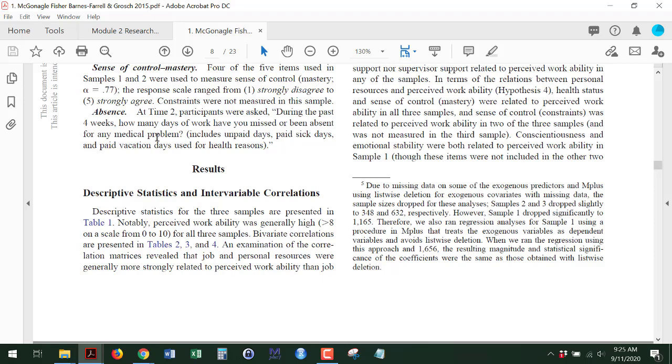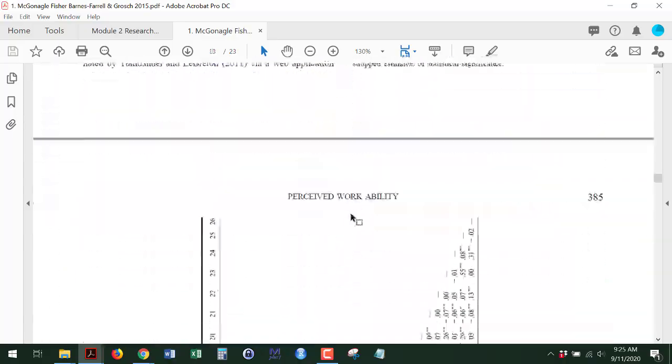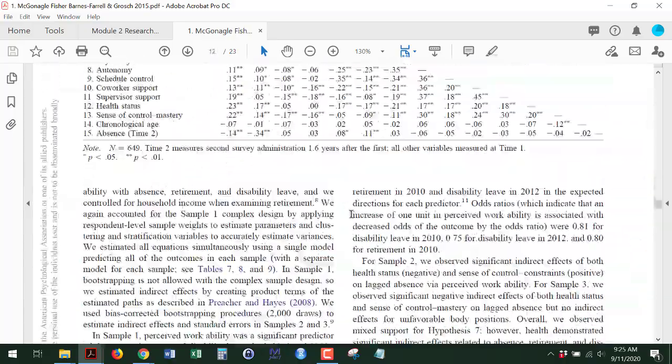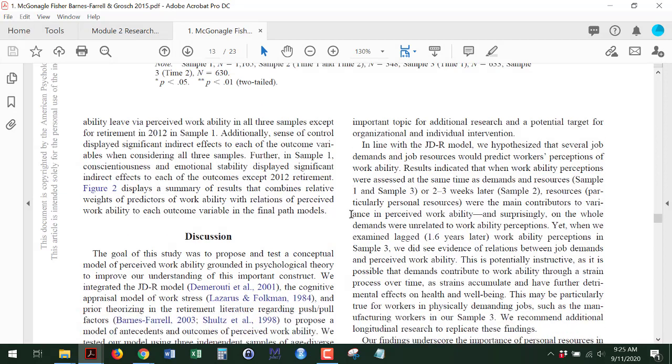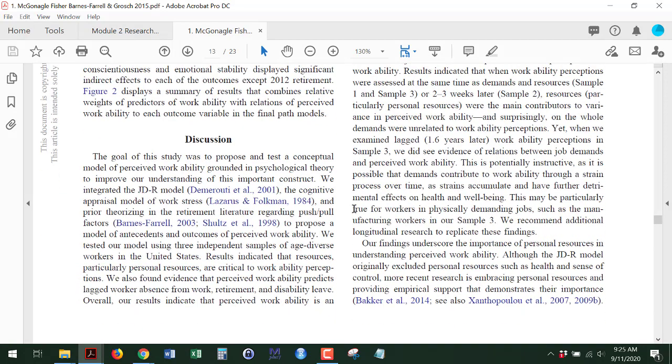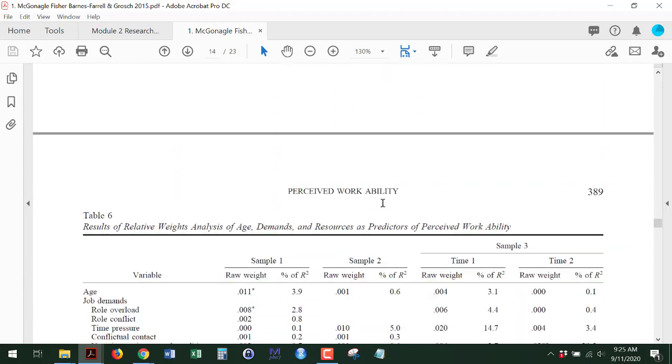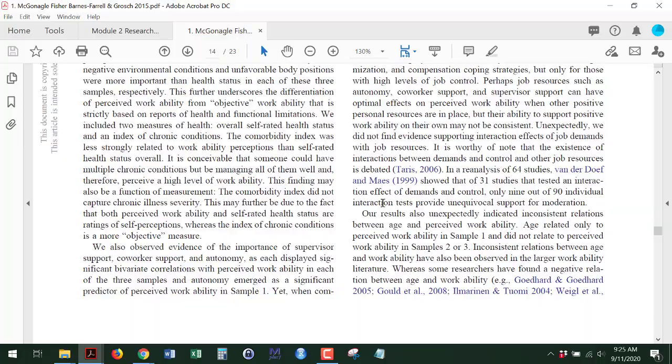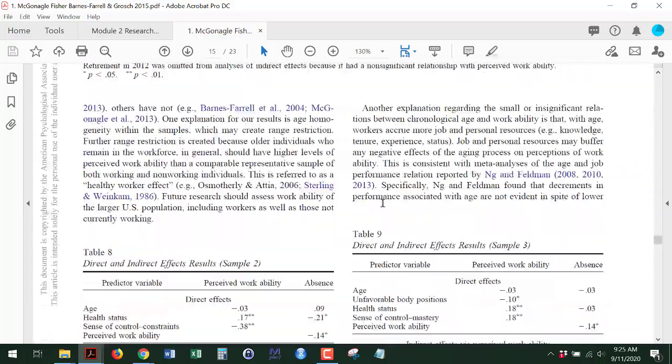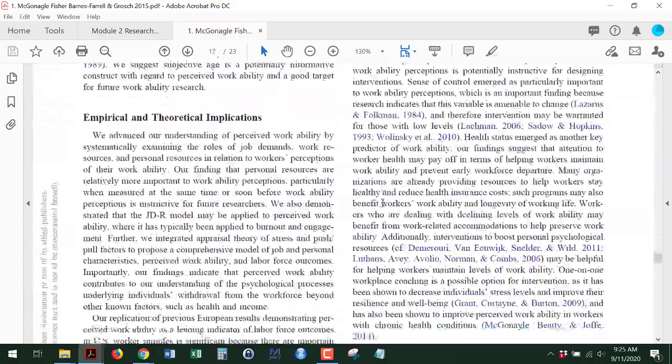So after we have finished collecting data, we analyze that data and we describe the results here in our results section. And then after the results section, we get to a discussion section where we talk about summarizing the results that we got and what the implications of those results are. So what does this actually mean? How can we take this information and apply it in the workplace?